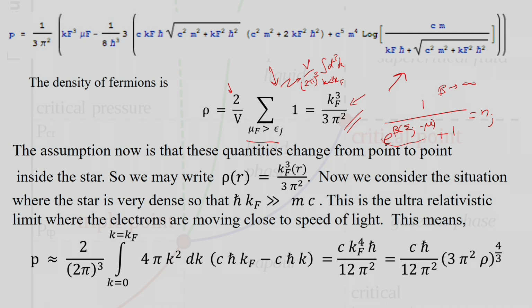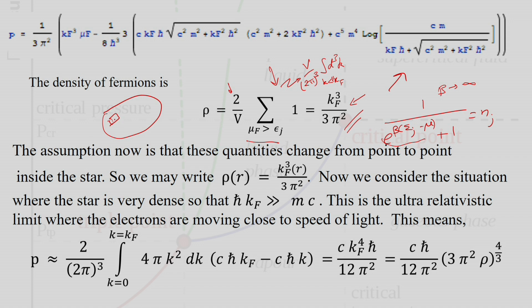Now what Chandrasekhar assumed was that in the star, remember that the star is a macroscopic object, to put it mildly. We are looking at the electronic degrees of freedom in a star.